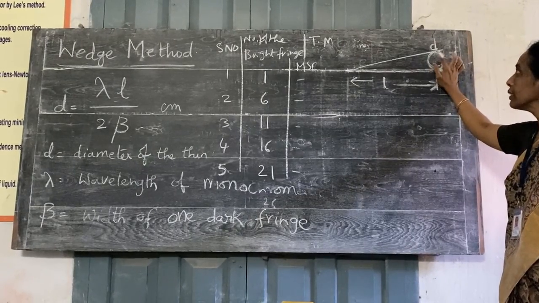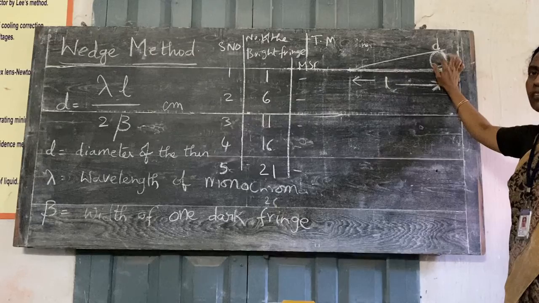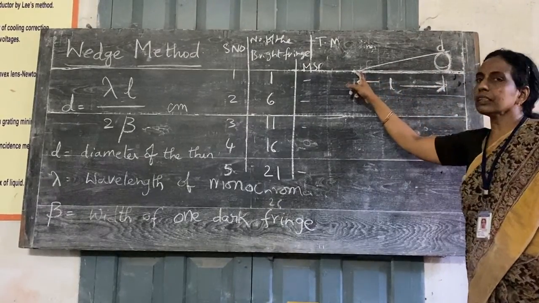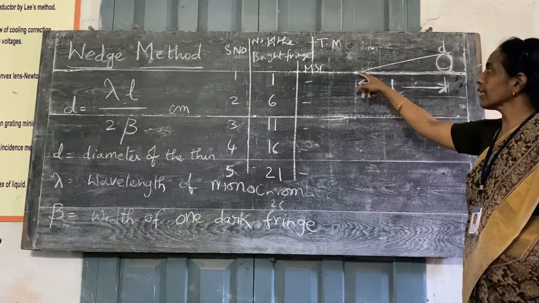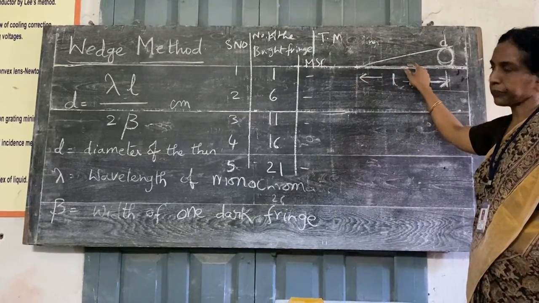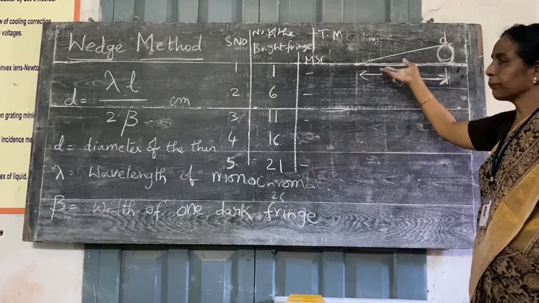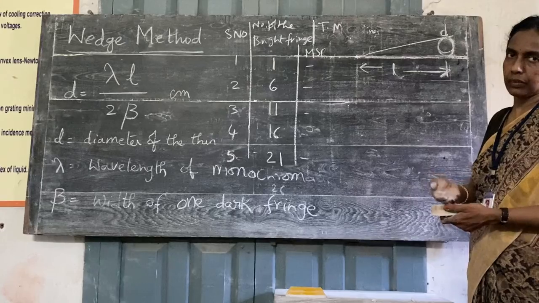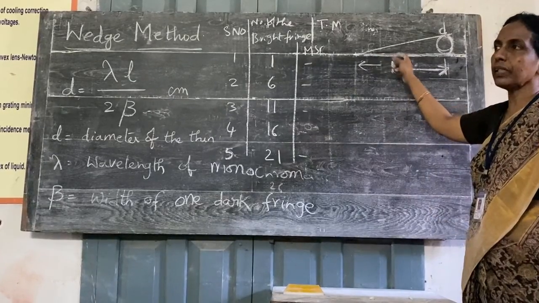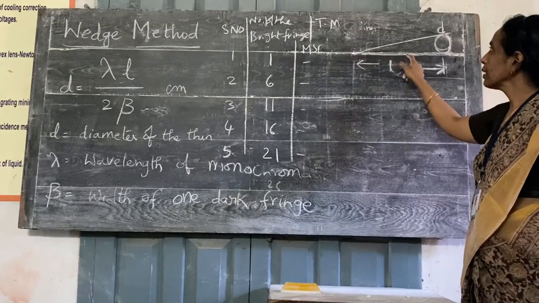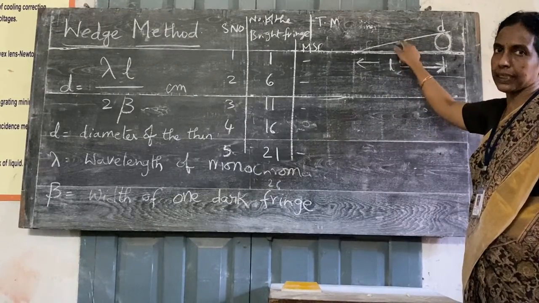The circle represents the thin wire, and this is the point of contact. These two are glass plates with a background of black thin paper. With black thin paper, we will make the background black, and we will use two glass plates.